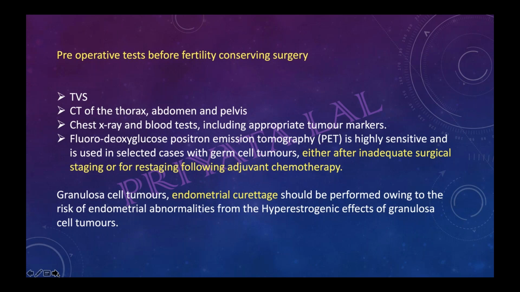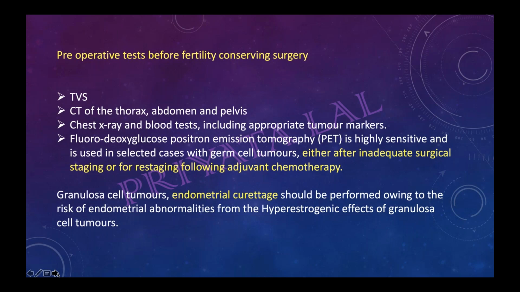Second, the CT scan of thorax, abdomen, and pelvis, chest X-ray, and blood tests. In blood tests, tumor markers are done. Relevant tumor markers, we already know, because a baseline tumor marker has to be done, and then the tumor marker can be followed up during treatment.